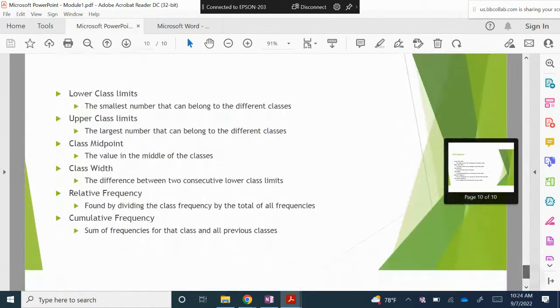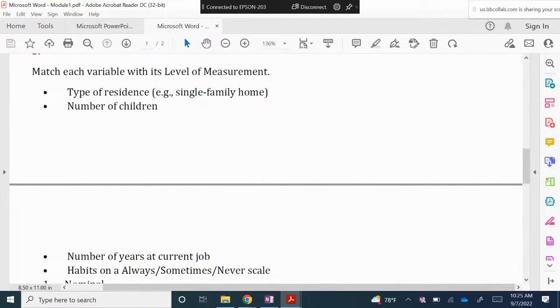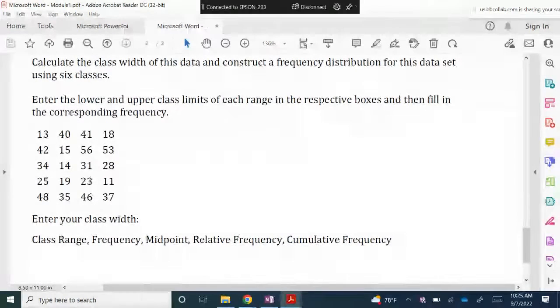And the last definition is cumulative frequency, and it's the sum of frequencies for the class and all previous classes. So we actually want to see an example of all of these. All right, so let's take a look at this.